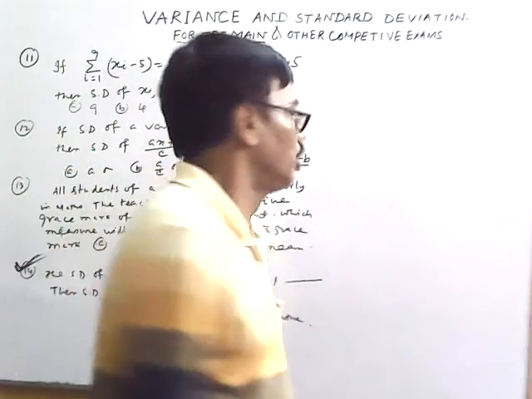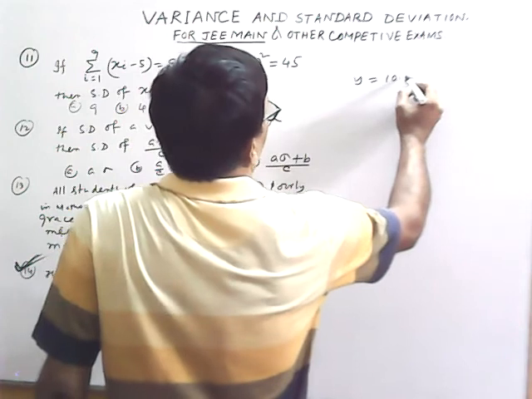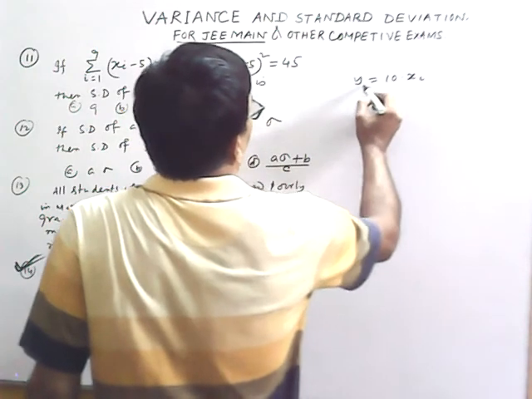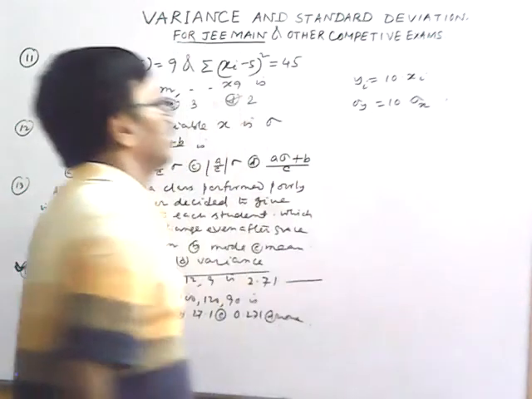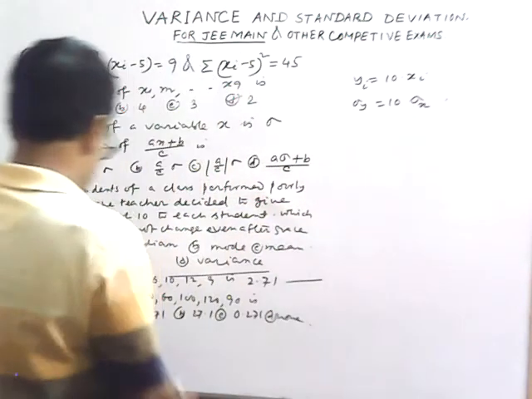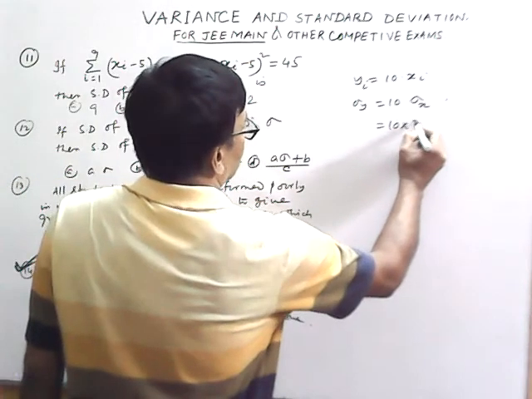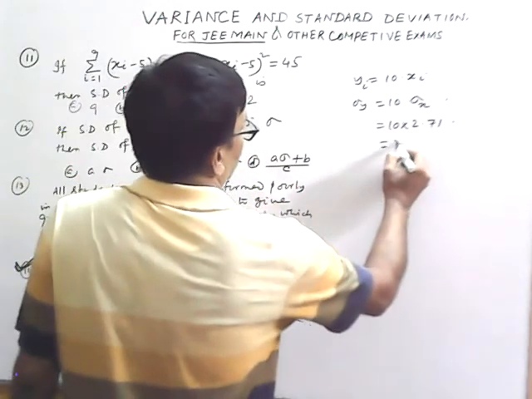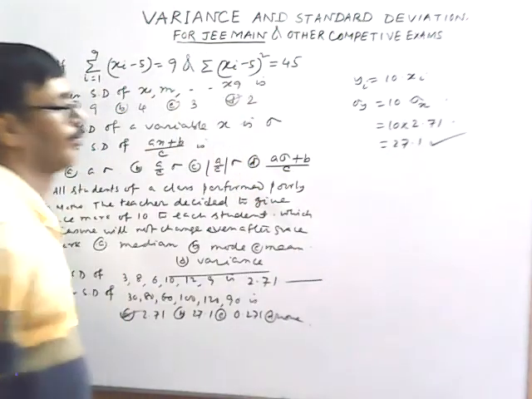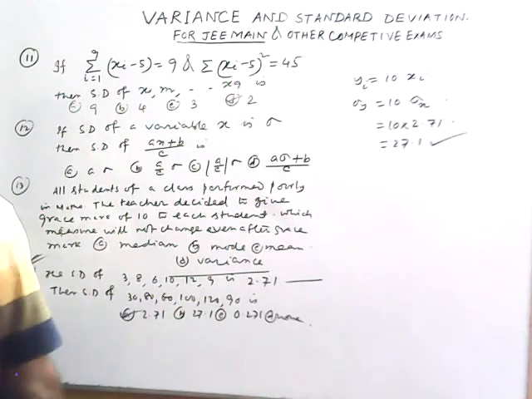So we know from theory, if yi equals 10 into xi, then sigma y is 10 into sigma x. It depends on scale. So this is based on this theorem. So what is the standard deviation? 2.71 into 10, so 27.1. You need only the idea of the result of standard deviation.